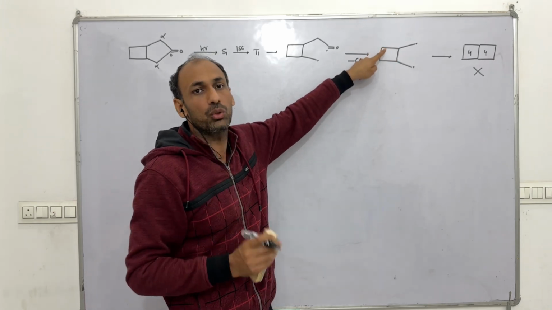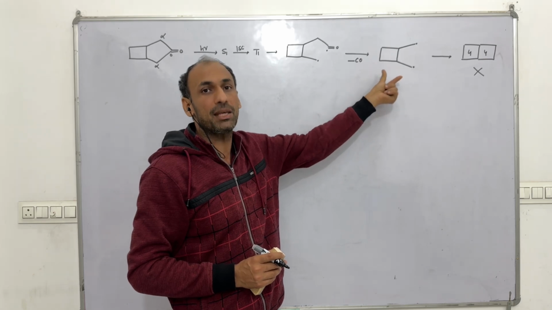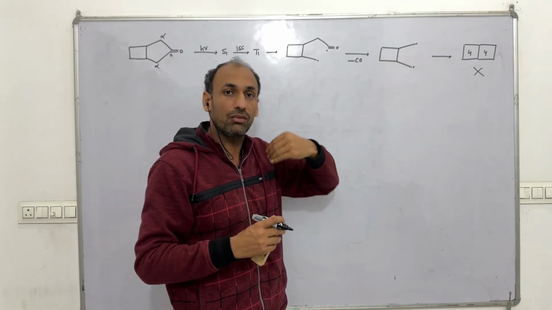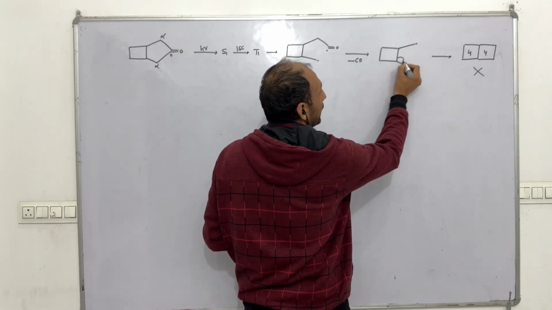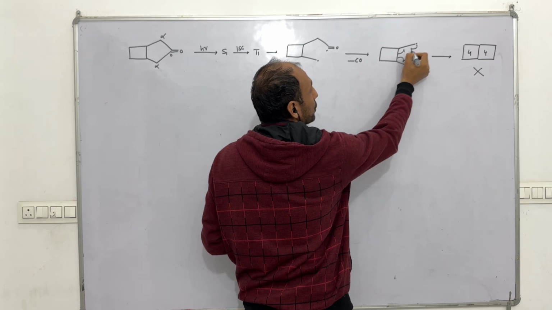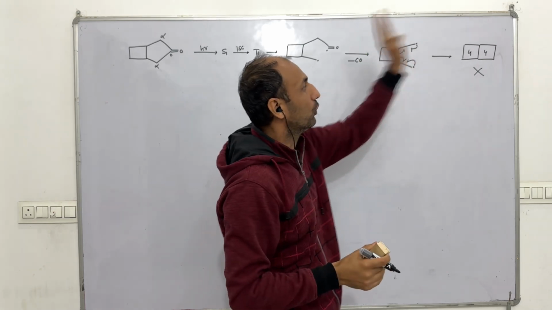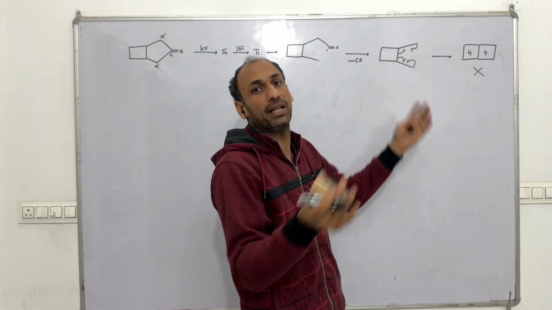This thing you need to remember: whenever you have a strained system or a pi bond, it will always help in the stability of the radical, this way. So instead of forming one more four-membered ring, this four-membered ring will be opened up.